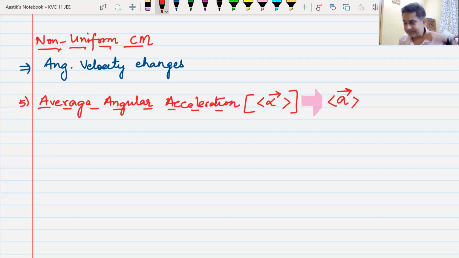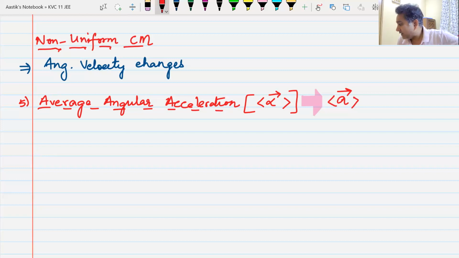It is similar, not exactly the same, because the work that acceleration does in linear motion, the same work angular acceleration does in circular motion, or shall I say rotational motion. Rotation is a chapter which is going to come. There also we will see this same term.